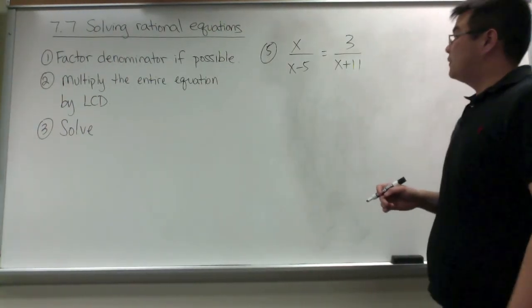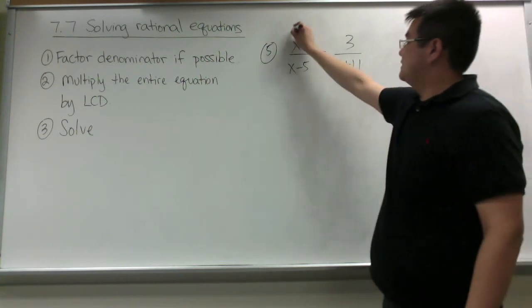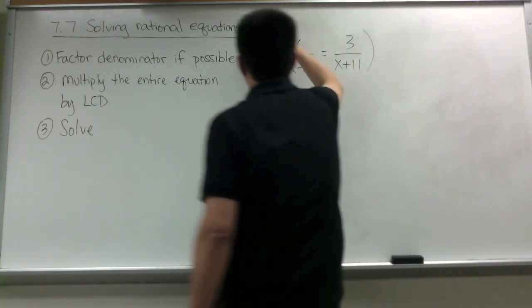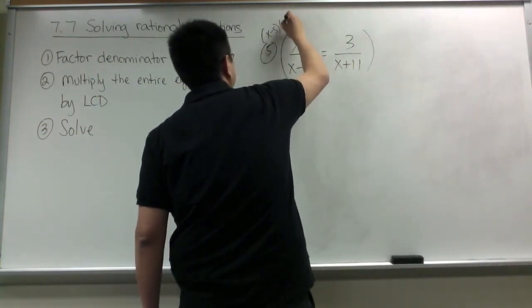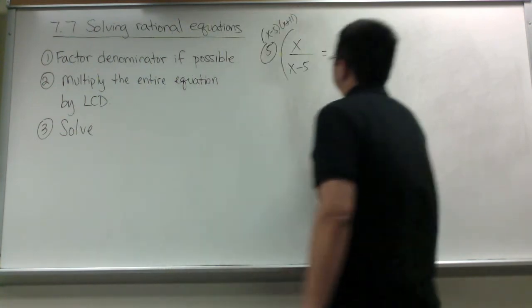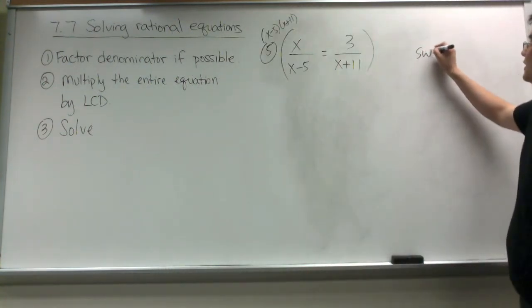In our last example, we're going to multiply by the LCD, which is x minus 5 times x plus 11. So we're going to set up our side work.